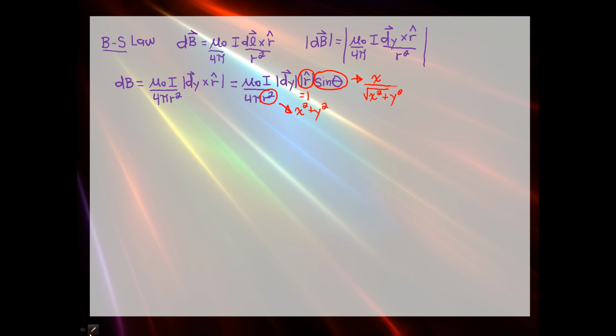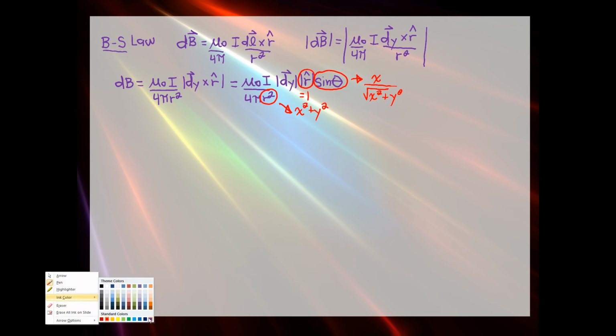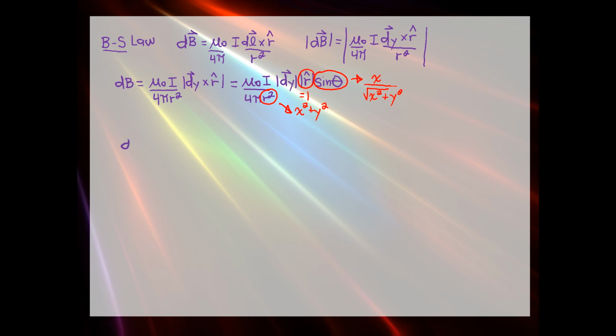Okay, so let's rewrite this all out with all these substitutions that have been made. So this would then be dB is equal to, we'd have mu naught I. Instead of writing down magnitude of dy, we'll just write down dy divided by 4 pi times x squared plus y squared.